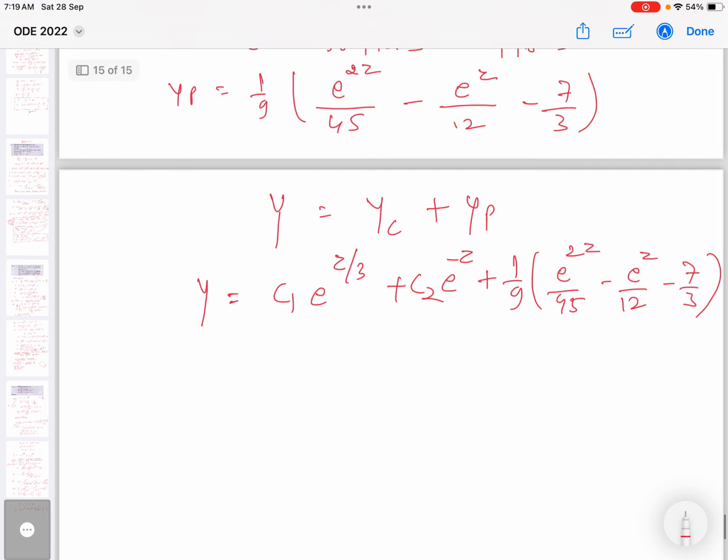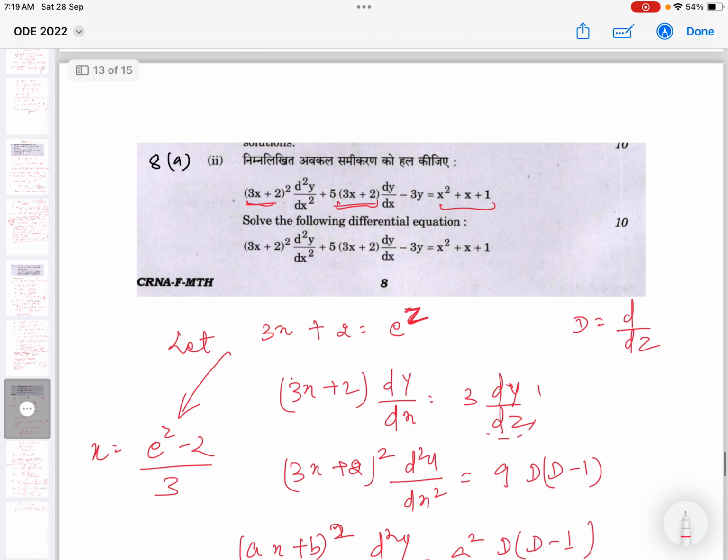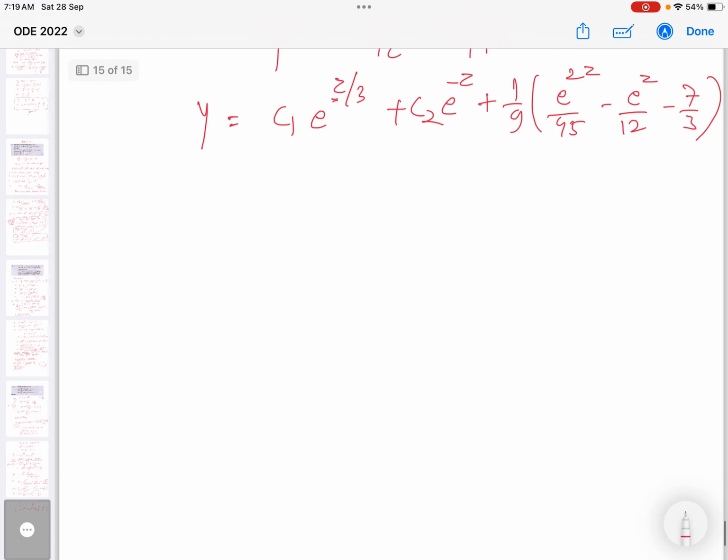So now we have to change z into x. We know that what we substituted at the very beginning was 3x plus 2, and 3x plus 2 is nothing but e raised to the power z.